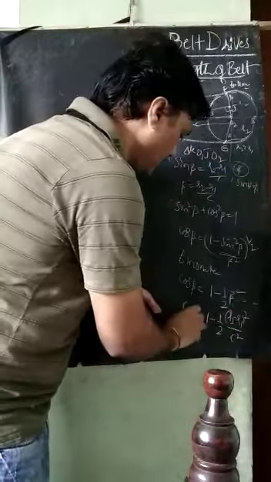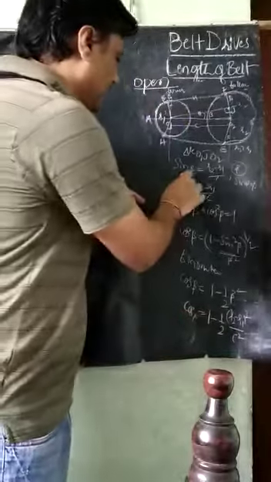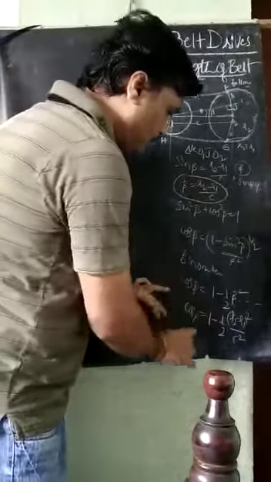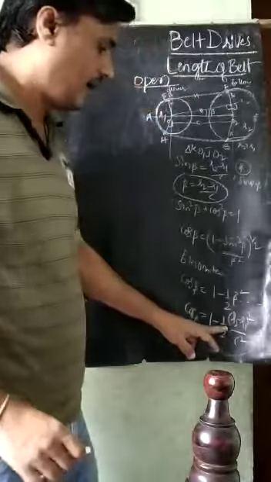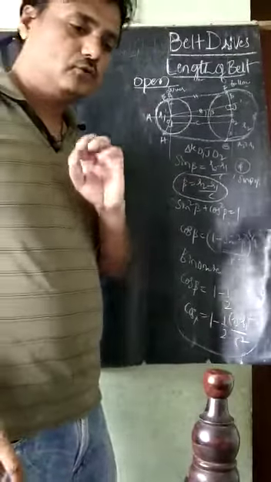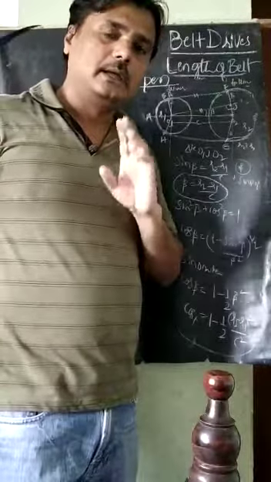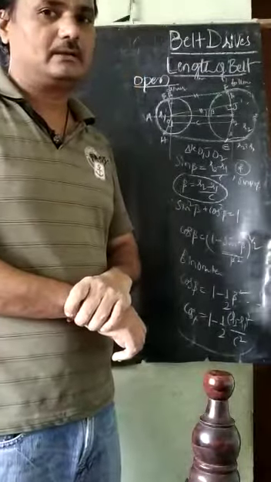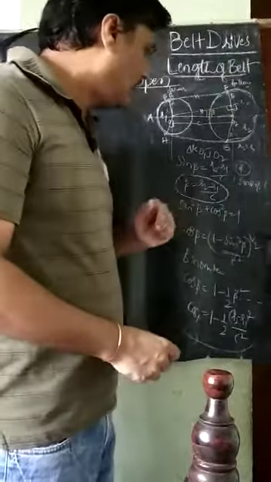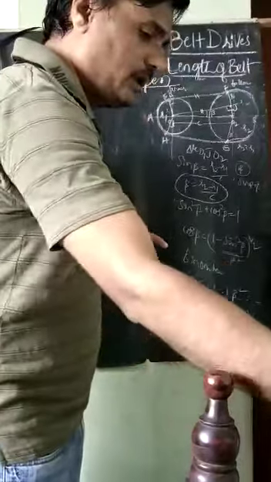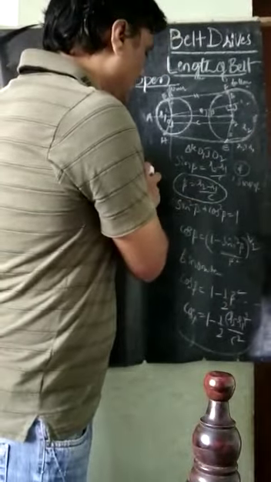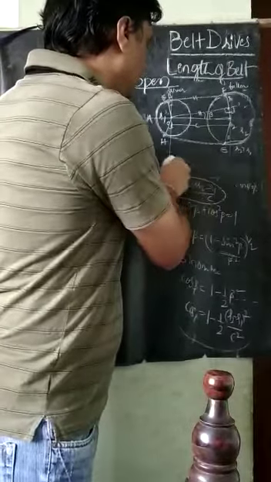So these two relations are there. Beta is equal to (R2 minus R1) divided by C, and cos beta is equal to 1 minus half (R2 minus R1) whole squared divided by C squared. These two relations are required in the derivation for the length of the belt. So I will write them here, because it is required.